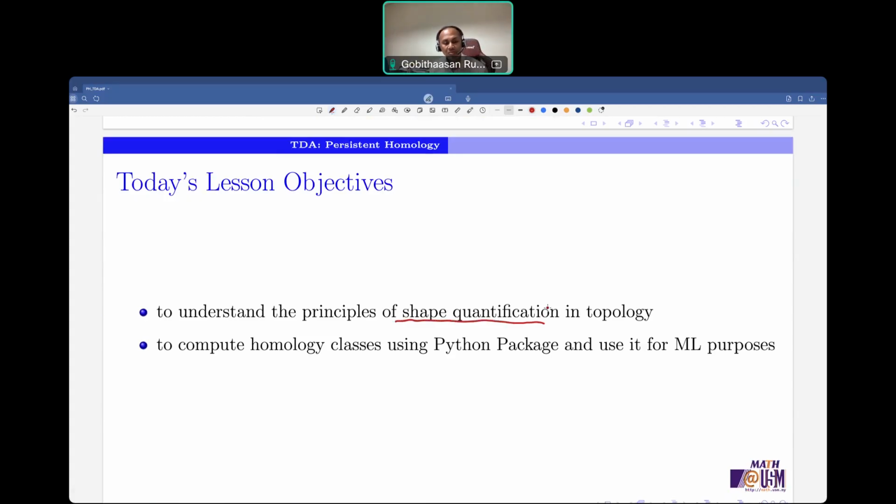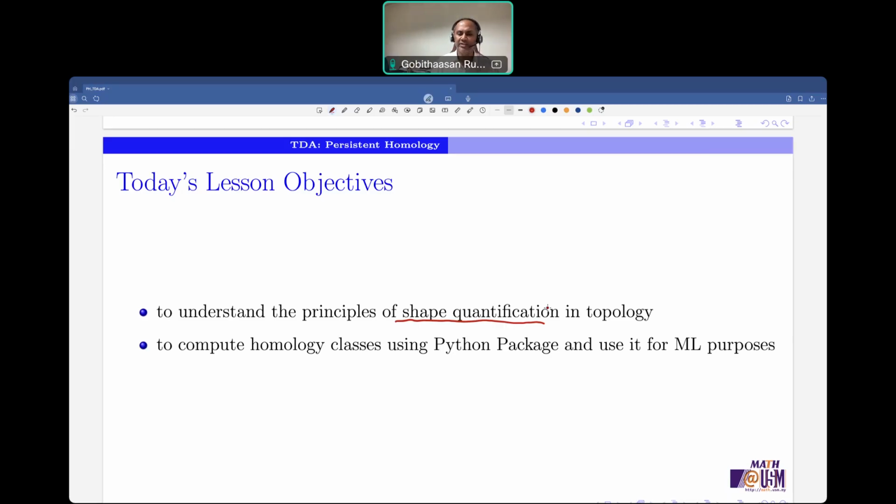And the second one would be we want to compute homology classes, which actually are the rich information of the shape of the point cloud, using a Python package. And then once you have this shape information, you're going to represent it in the form of a feature vector, and then we will use it for machine learning.